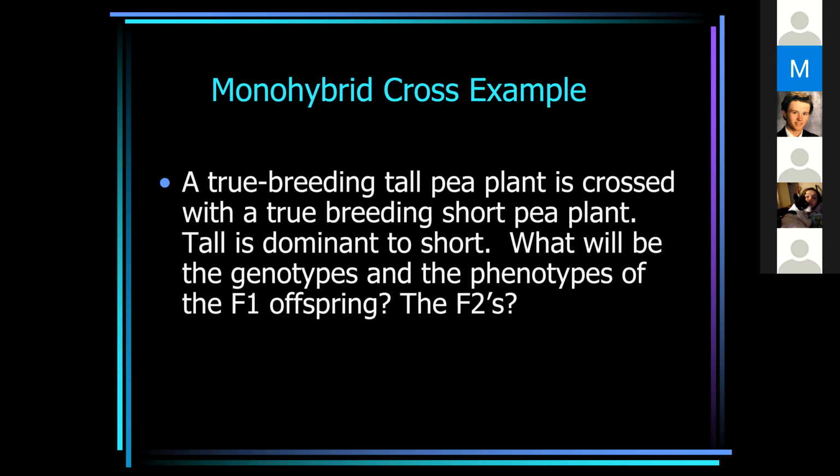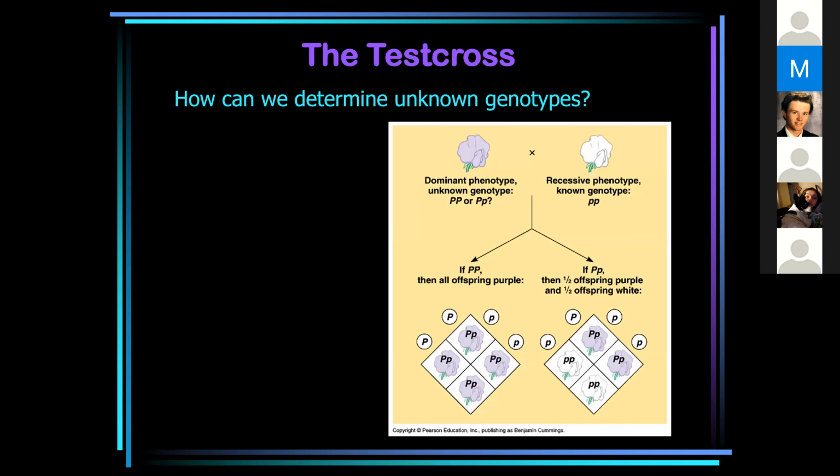Now, test cross. You need to know what a test cross is and what you use it for. How can we determine unknown genotypes? Well, suppose you have a plant with purple flowers, and you know that purple is dominant.